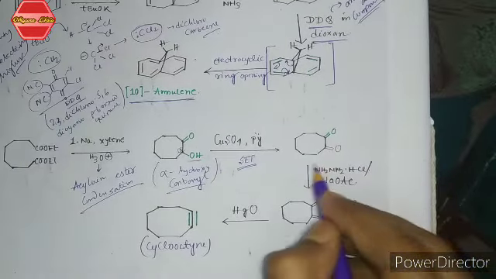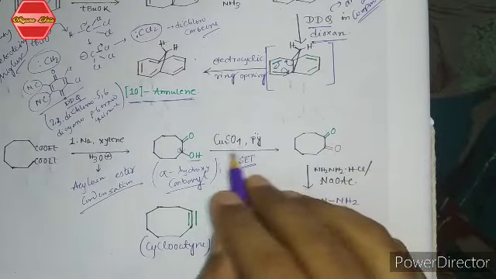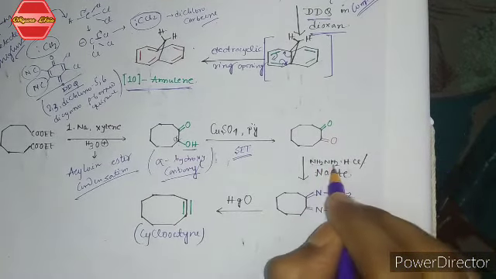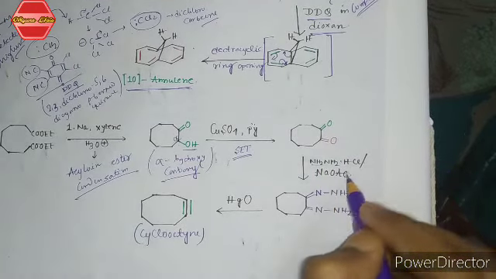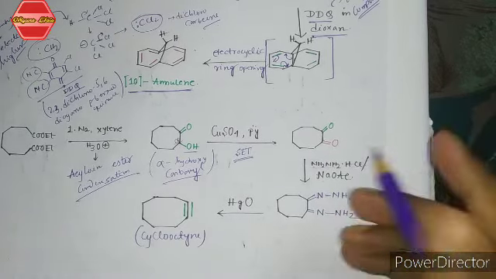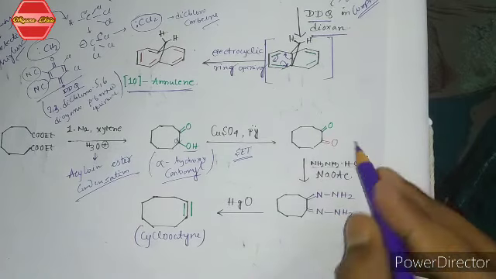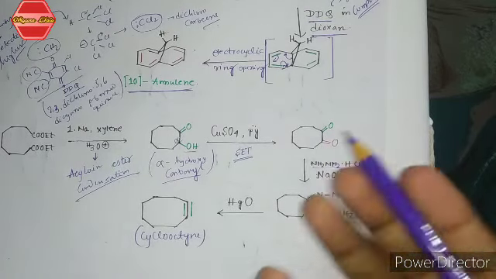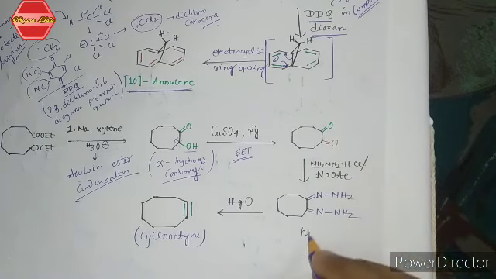Okay, so now this is your product after the copper sulfate and pyridine reaction. Now we have been given NH2OH, HCl and NaOH. We all know how the hydrazone, or rather oxime, is formed. This is your oxime derivative. These two ketones are readily converted to their corresponding oximes. This is called an oxime.